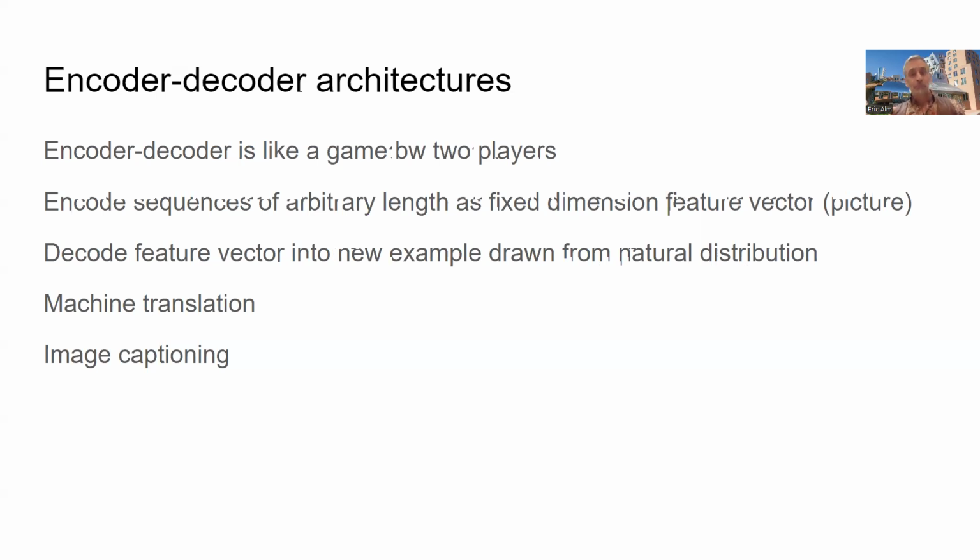And our decoder really is trying to pull out information that looks like it was drawn from something in our training distribution, right? And so this is really useful for obviously machine translation, image captioning, things like that.